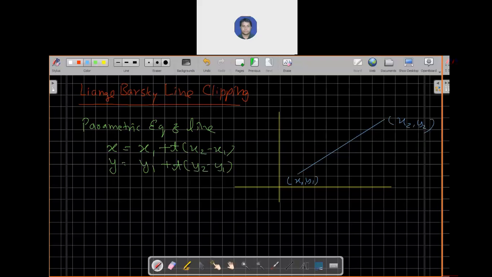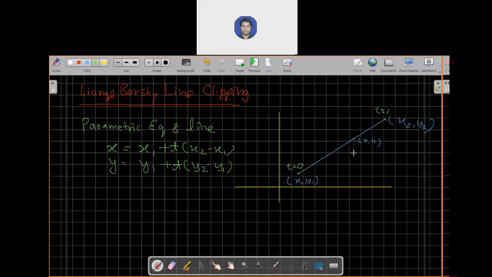To find the parametric equation of the line, just consider an intermediate point x, y between these two endpoints. Consider that at time 0 you are at the initial point, and when the time is 1, the unit t, you have reached the end point.